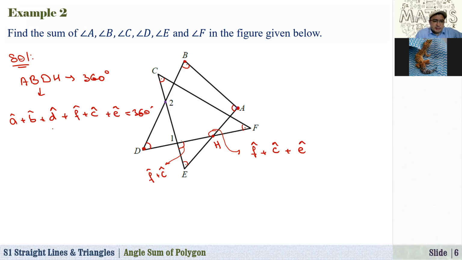All of these are just the angles A, B, C, D, E, F, so the sum of these angles is equal to 360 degrees. We have just used the property from the last lesson: the sum of the two interior angles is equal to the exterior angle of the third angle.